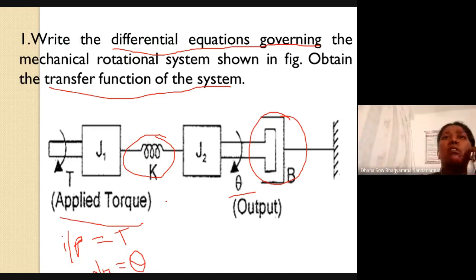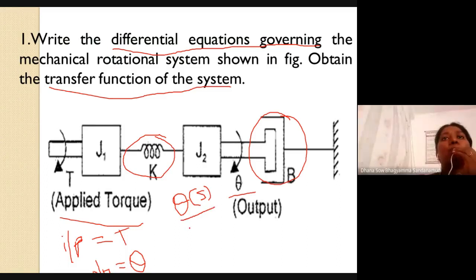So what will be my transfer function if I want to determine it? My transfer function will be the Laplace transformation of theta, theta of s, since theta is the output, divided by T of s.